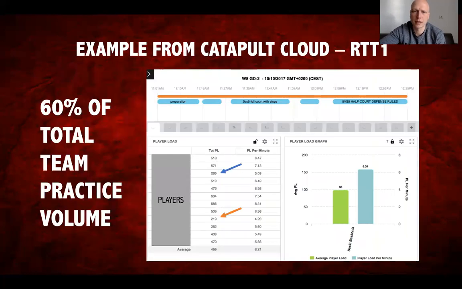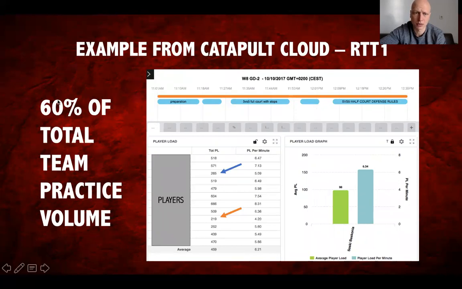This is an example from CATAPULT technology that I was using in the previous club. Here's an example of a list of players. Just for the privacy, I covered it. We have one player who was coming back after injury.